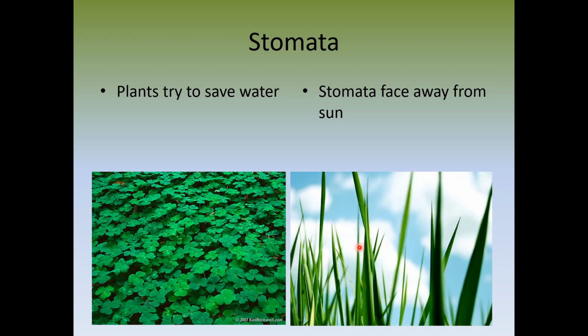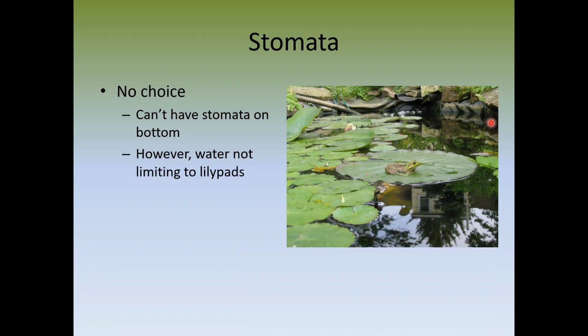In plants where the leaves are vertical, the stomata aren't only on one side, they're on both sides, because there's no advantage to having the stomata on one side or the other. There are plants that do have stomata on the top side, like a lily pad, right? It can't have the stomata on the bottom. If those holes were in the bottom, the leaf would literally fill up with water and sink. But water isn't limiting to a lily pad, so that's not really that big of a deal.